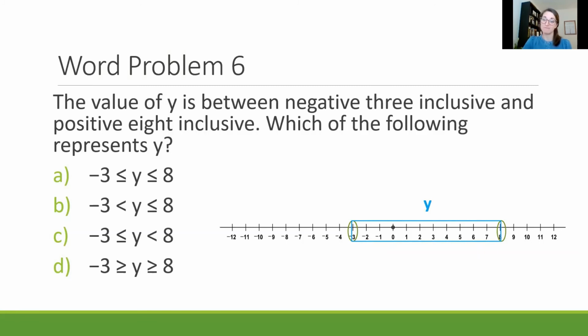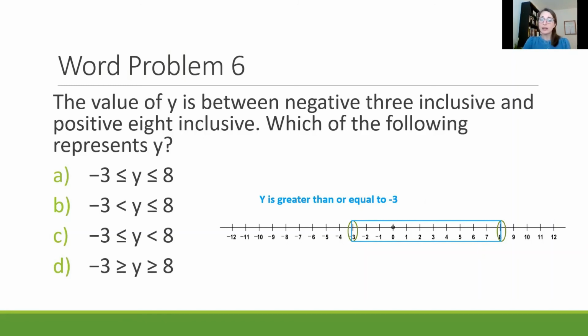So the circles there represent our two ends, but we know that y is anywhere between those two, even including -3 and 8. Now, to figure out the value of y, what we need to do is put this into word form. We don't need to solve for a specific number, but we do need to show which inequality makes sense here. So on this side, if I look at the -3, I would say that y has to be greater than. See how all the other numbers are bigger than -3?